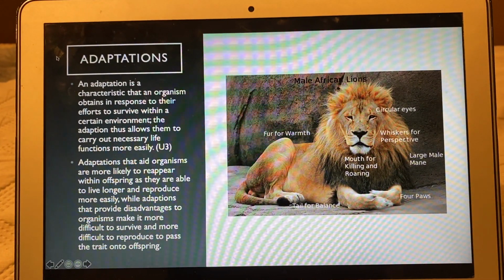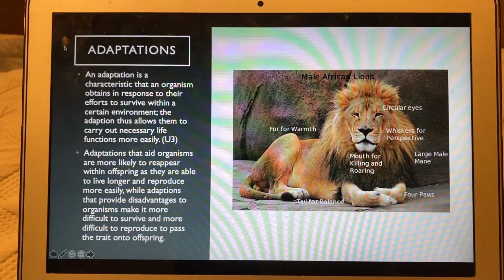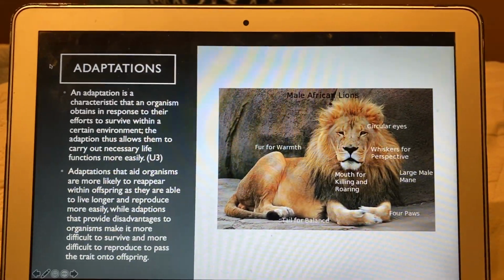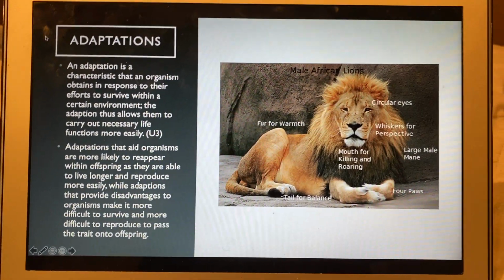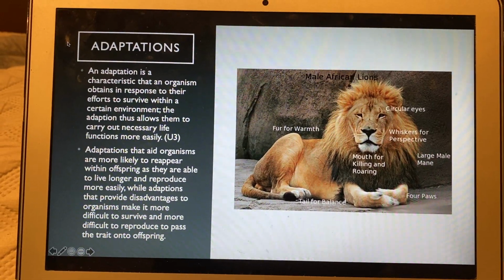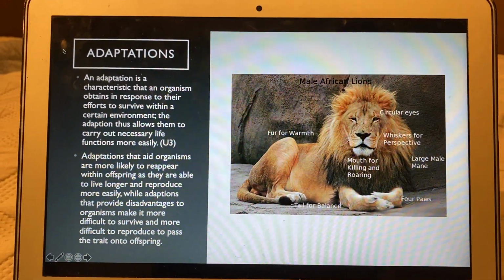We're going to see this idea a lot within this topic, and it's really important to know that when an organism is being aided by their adaptation, they are going to be much more successful within their environment. When an organism is more successful, they will be able to live longer, reproduce more often, therefore leading to the trait's succession in the offspring, so the trait will be seen more.